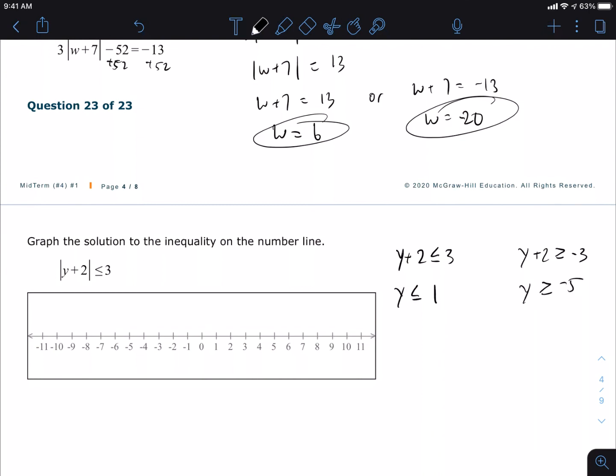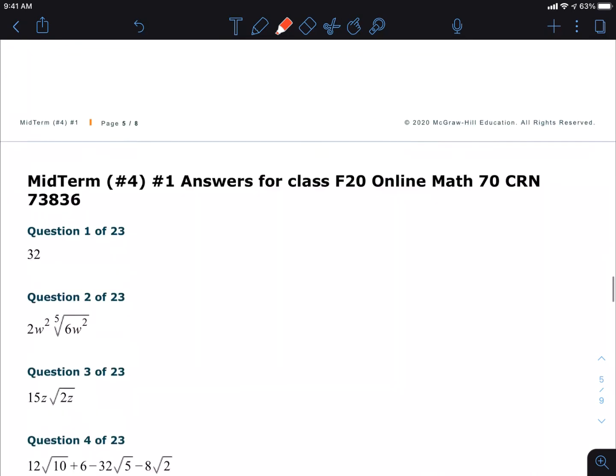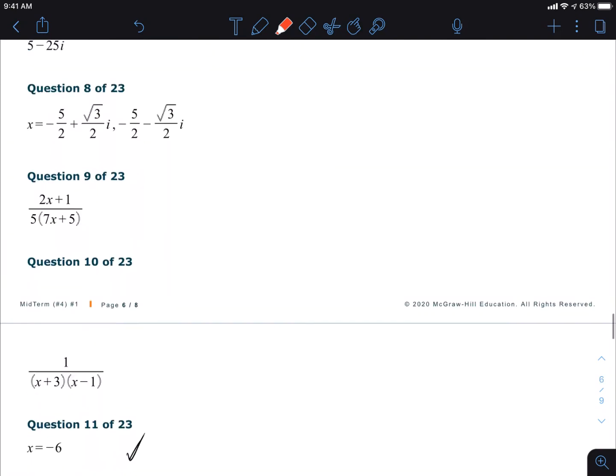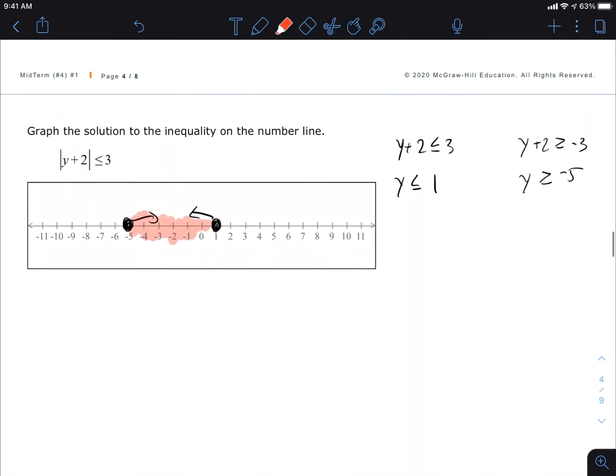So the equal tells me to shade in. At 1, I'm going to shade in. Less than tells me to go this way. Greater than tells me to go this way. And so my shaded region is going to be this plus the dots. And let's see if I'm right. And there it is. I hope this was helpful.